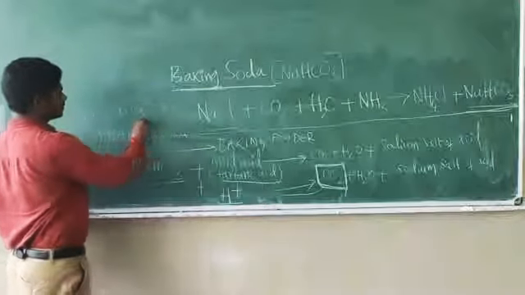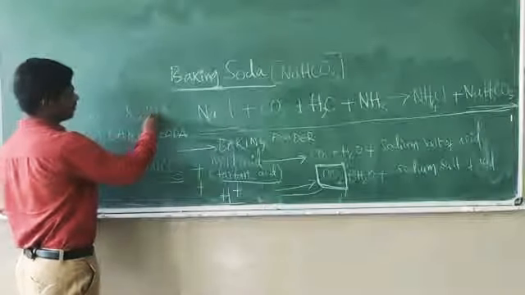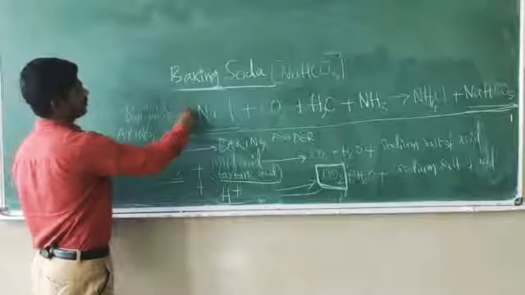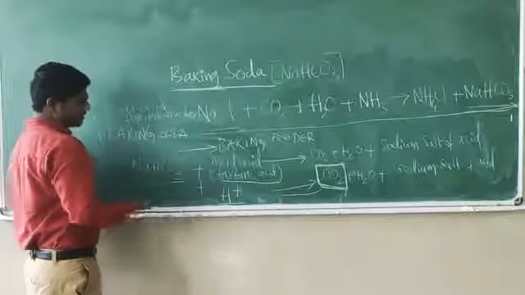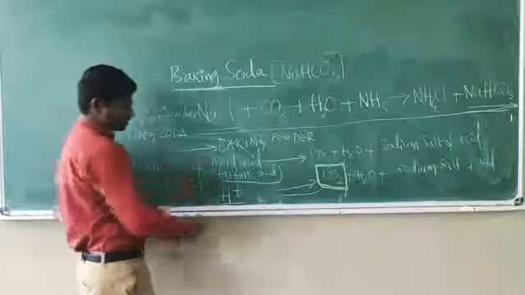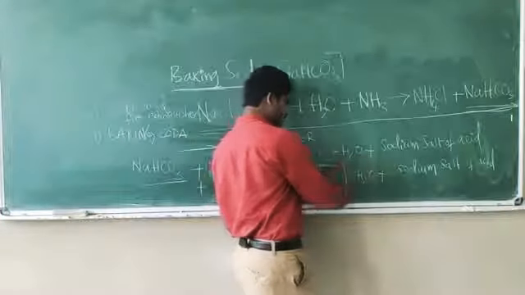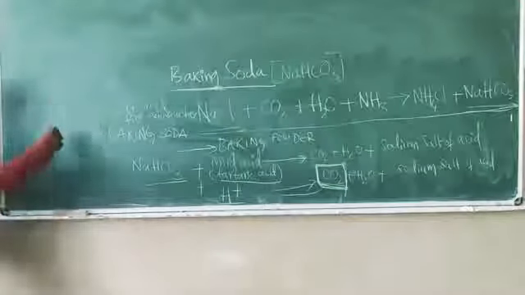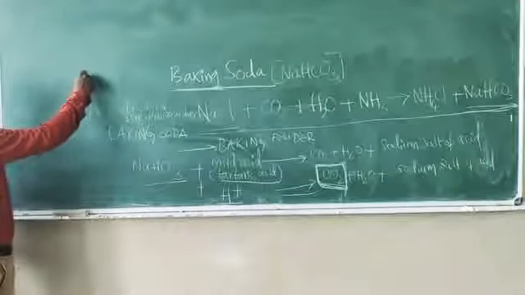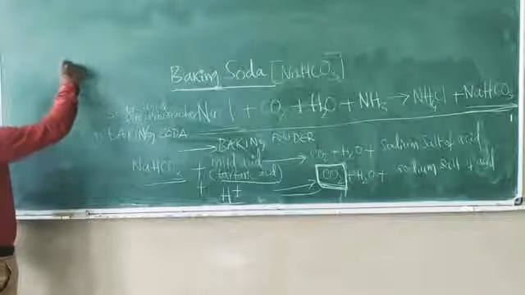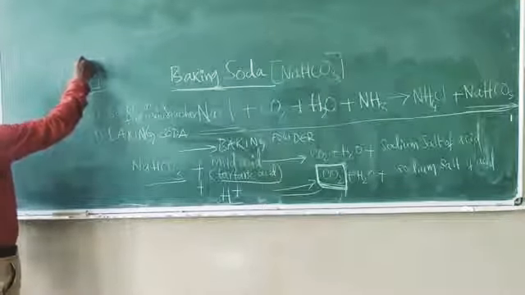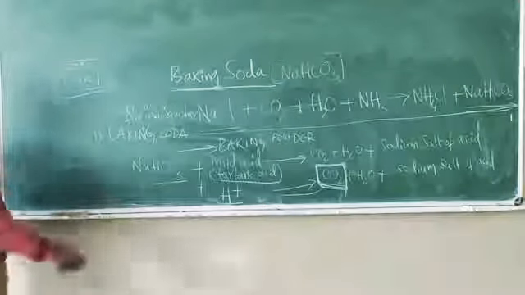Soda acid fire extinguisher. So why and how is this used? So in this reaction, NaHCO3 plus H plus, this carbon dioxide is produced, and whenever there is a fire, you know very well about the fire. Suppose this fire is there, this fire is always reacting with oxygen, right?